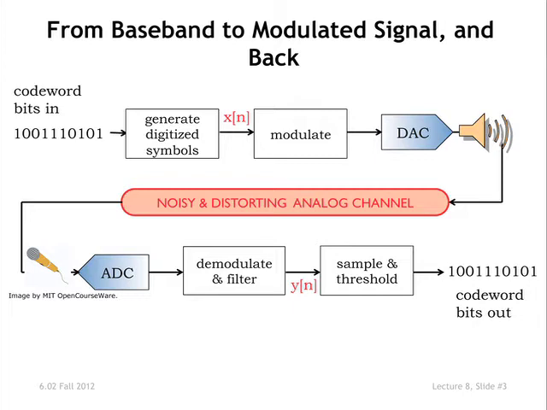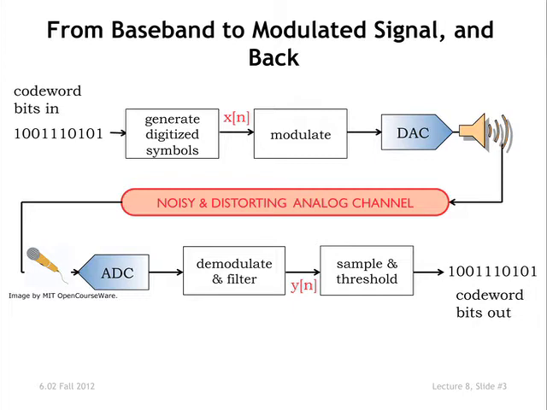The signals will then be adapted to the modulator for transmission on an analog channel. So there's a modulation process and there's a digital to analog conversion process. You'll be generating a waveform that you apply to the speaker in your laptop. That's going to be a transmitter. The channel is going to be just the air around you with all the disturbances of room acoustics and noise and all of that, all the distortions from that.